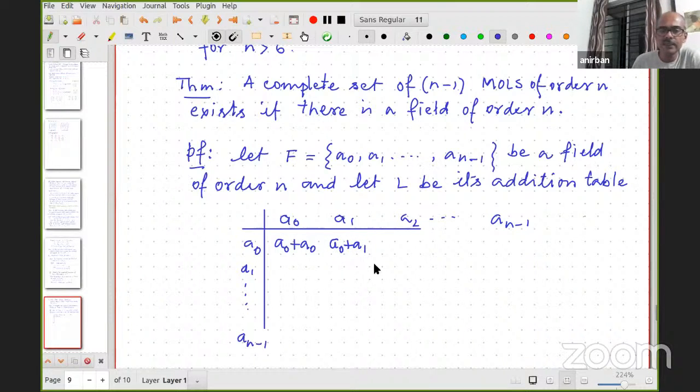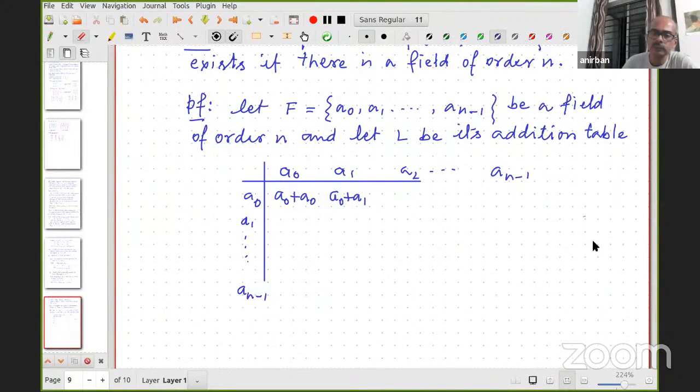If you keep writing that, you get an n cross n array. So that is L.